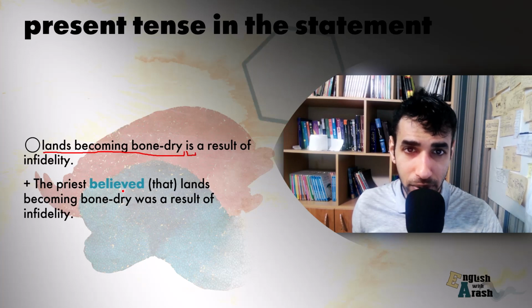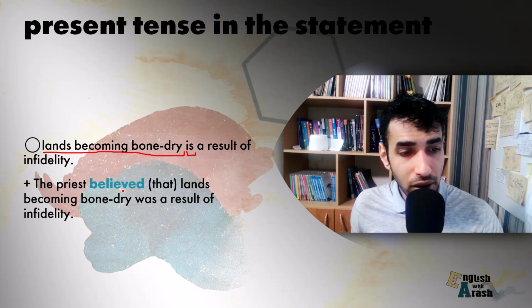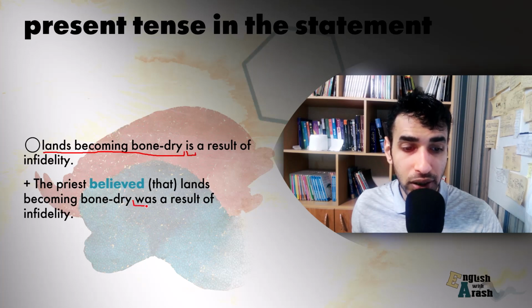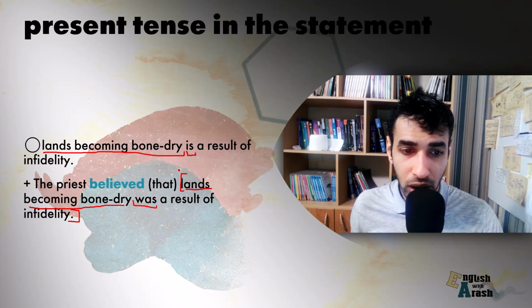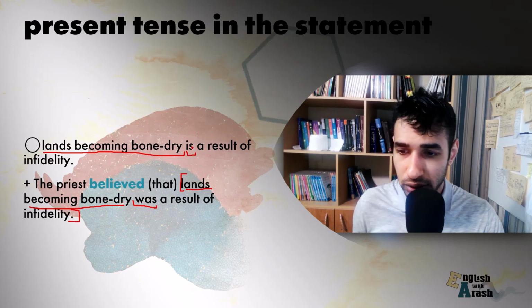Believe can be a reporting verb. The priest believed that lands becoming bone dry was a result of infidelity is a noun clause, and in our noun clause, lands becoming bone dry is our subject or noun phrase, and was is the past form of is. We moved the verb be one step to the past.